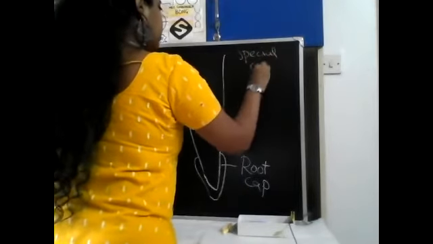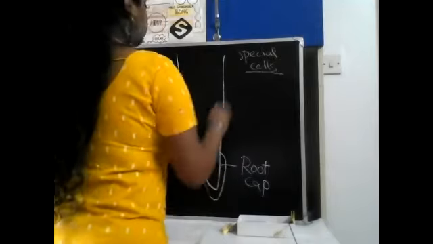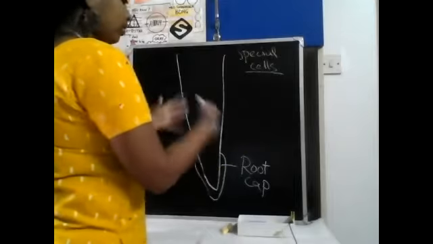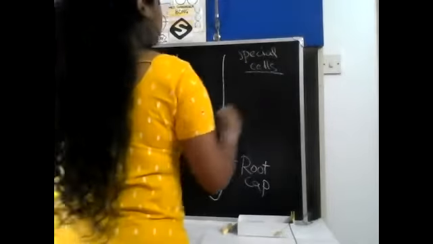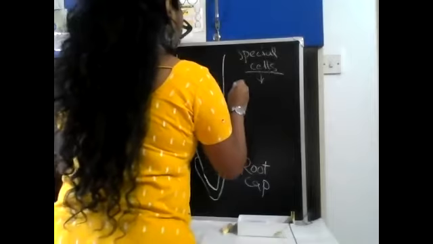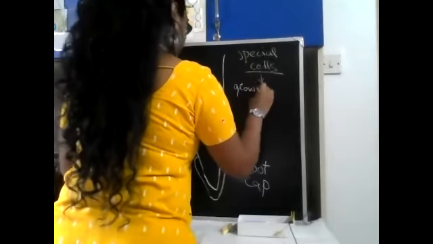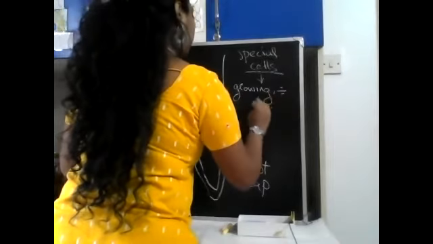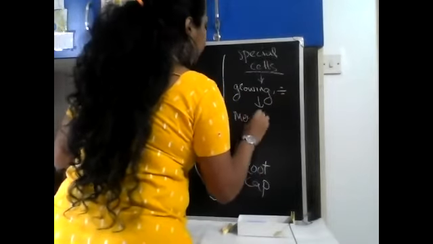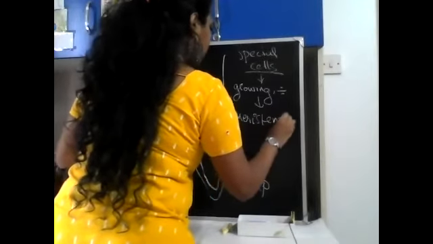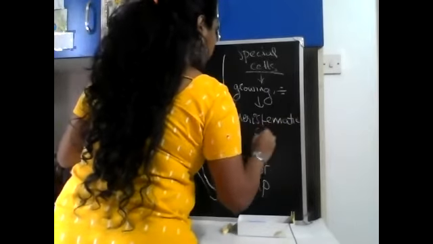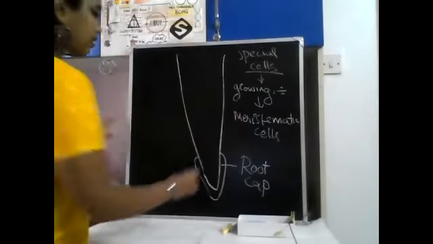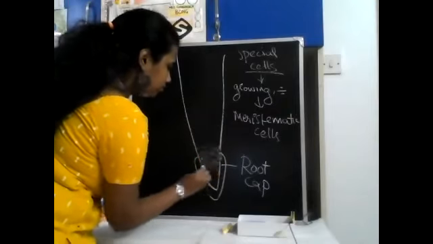specialized cells which grow. And when I say grow, I mean they keep on dividing and making the organ bigger, right? So these growing cells, growing and dividing cells, are known as meristematic cells or meristem cells. So these meristematic cells are present in this region.